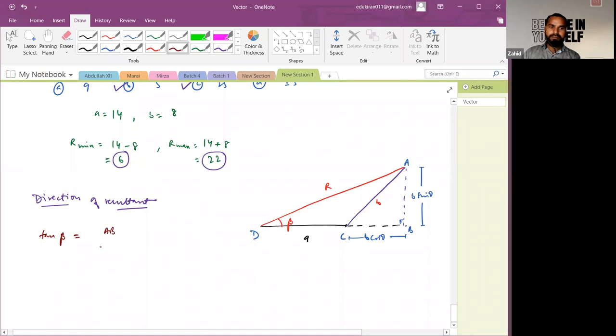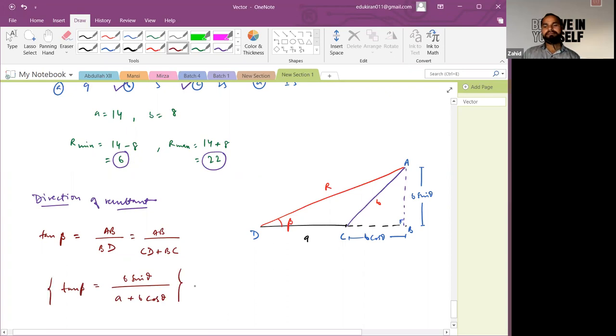So it will be AB divided by BD. On further simplifying it, you will get CD divided by AB plus BC. On putting all the values, tan beta is equal to B sin theta divided by A plus B times cos theta. So this is the formula to calculate the inclination of resultant with respect to the first vector.